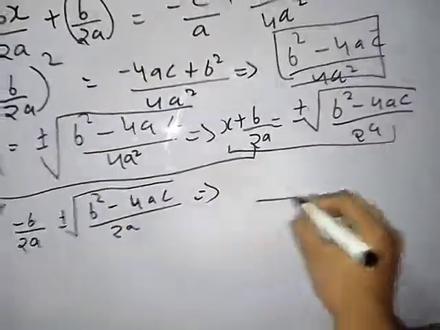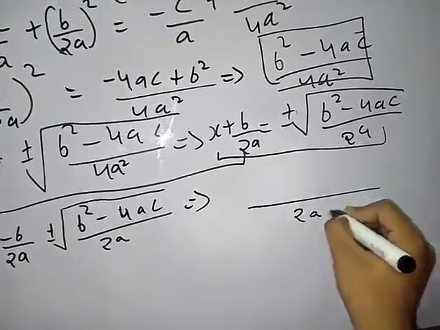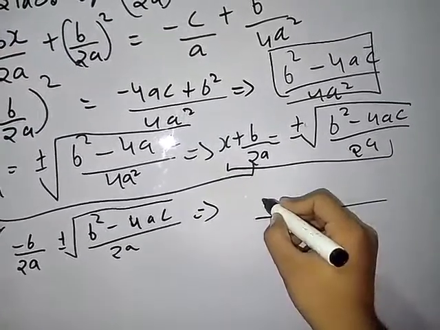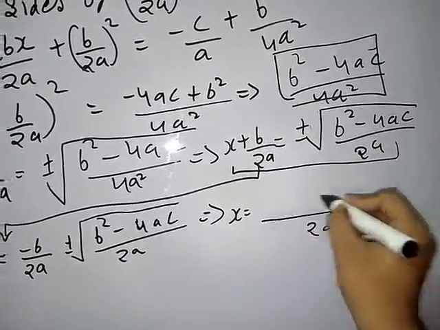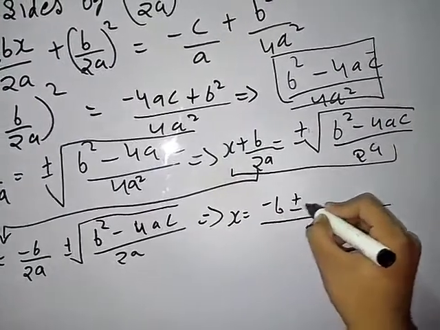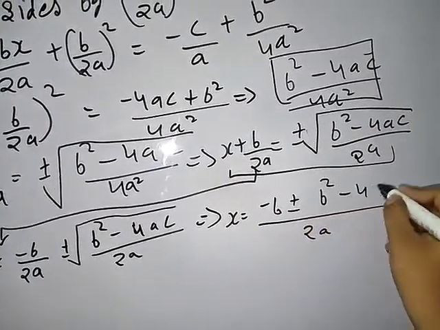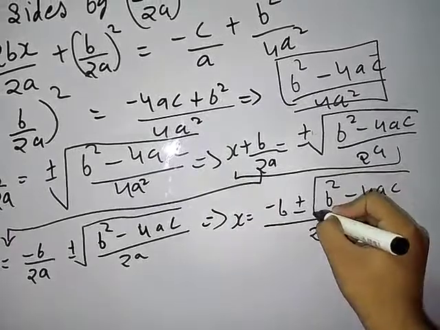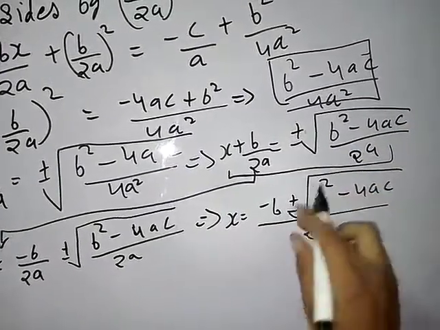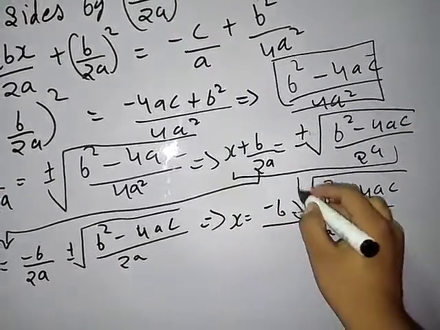So I would get 2a, x equal to minus b plus minus under root b square minus 4ac upon 2a. So we got our formula.